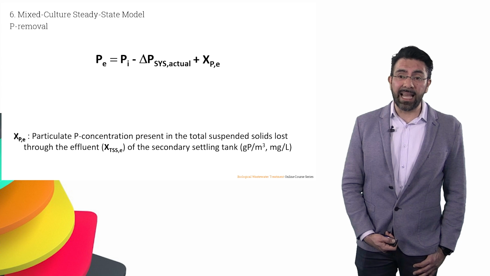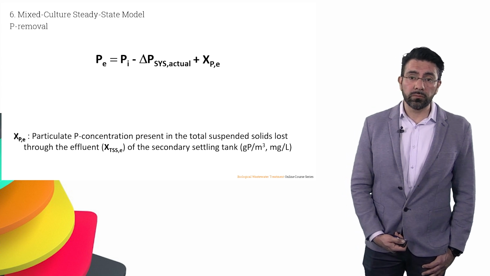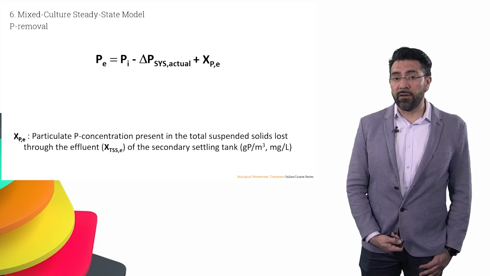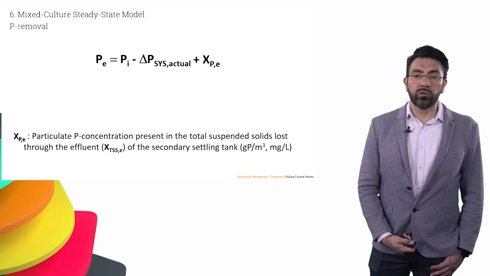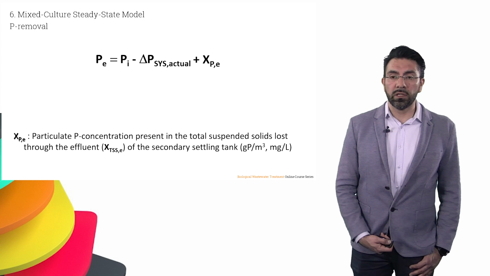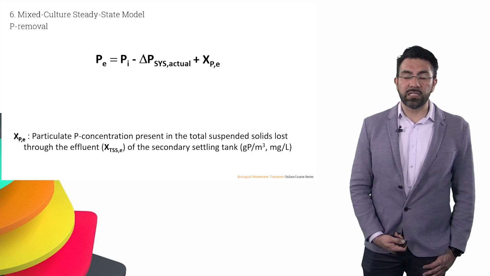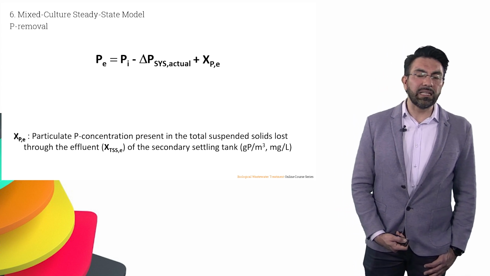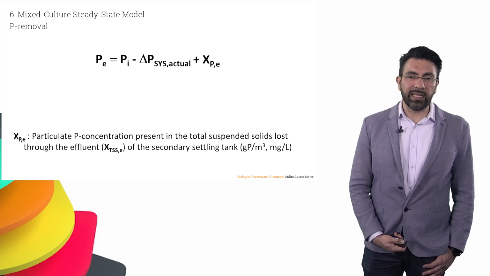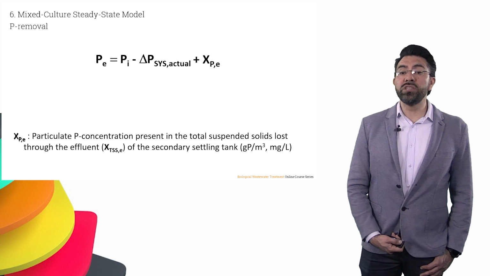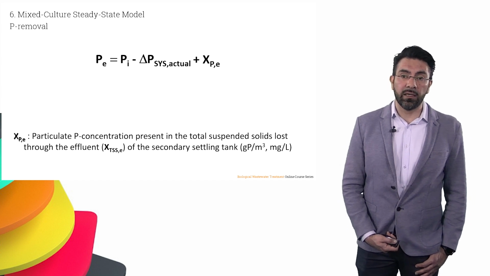Most secondary settling tanks work at a very high efficiency. They are able to handle concentrations of between 2,500 up to 6,000 milligrams of TSS per liter, and they only leave a little bit, typically 10 to 30 milligrams per liter, in the effluent of the plant. So the efficiency of the secondary settling tanks is very high.